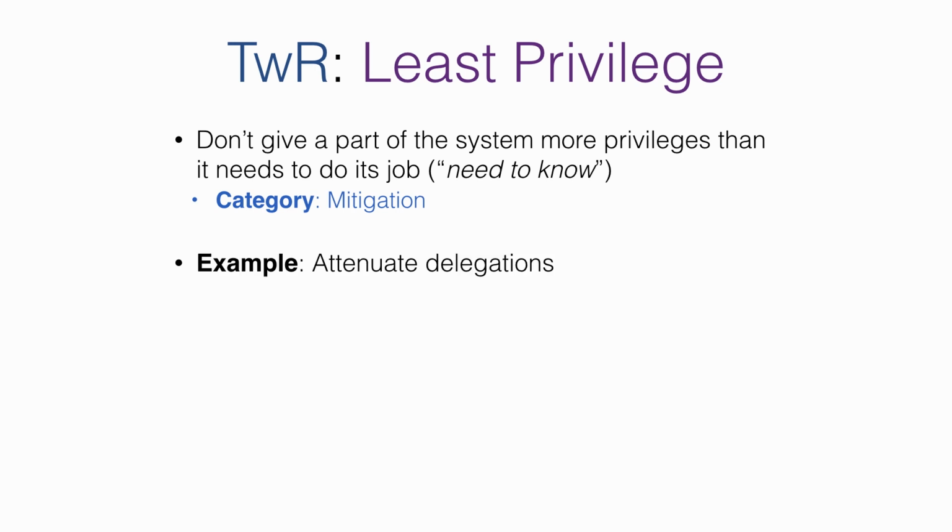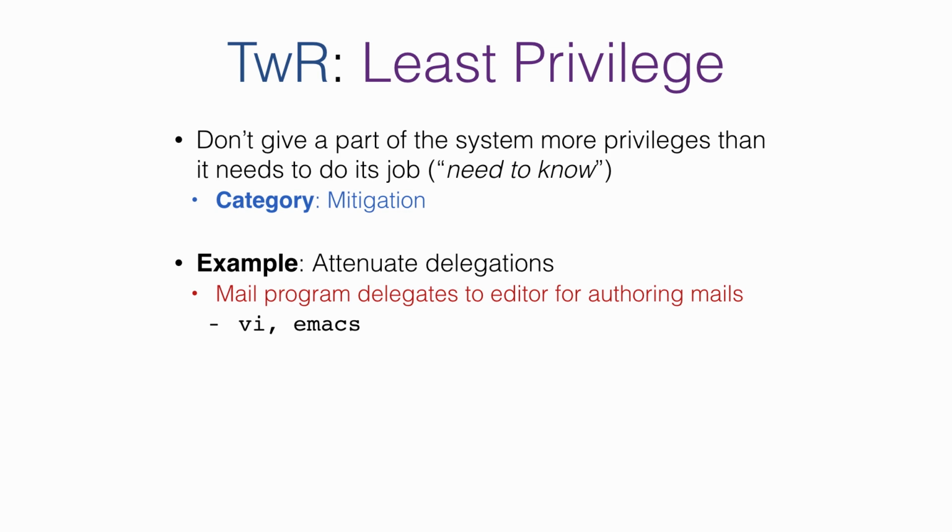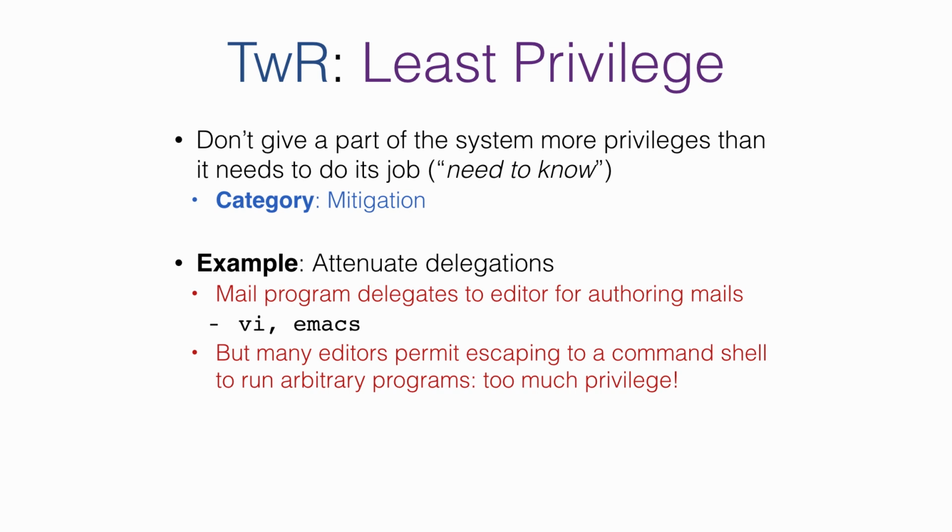As an example, consider the idea of attenuating delegations to other components in the design of a system. For example, a mail program might delegate to an editor for authoring emails. This editor could be VI or Emacs, which are both very powerful editors, and both very desired by users. Unfortunately, these two editors and others permit too much power.